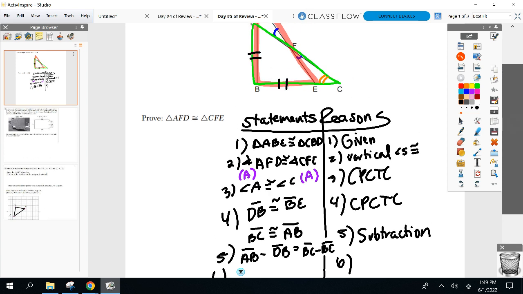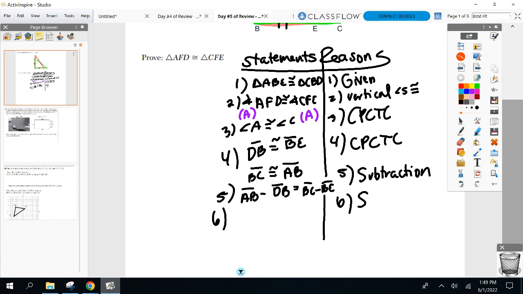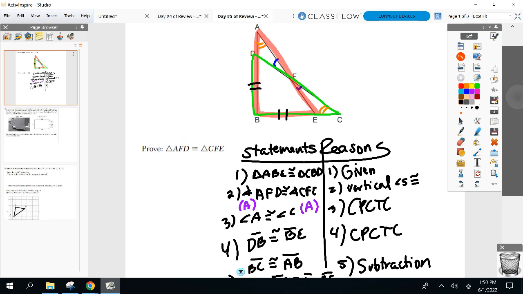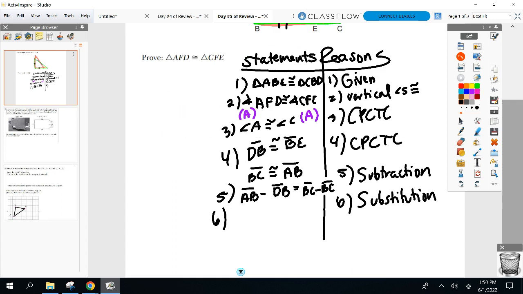And then right after subtraction, we always go to substitution. To say the sides, what is that? AD and EC are equal. And then now there's your pair of sides.